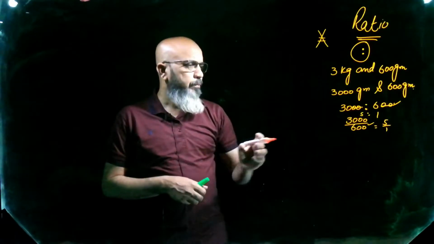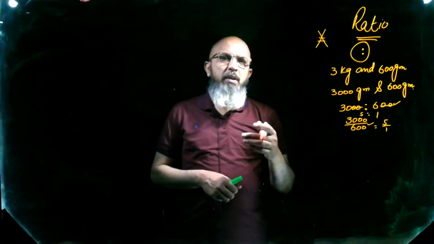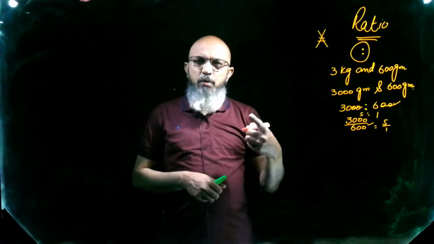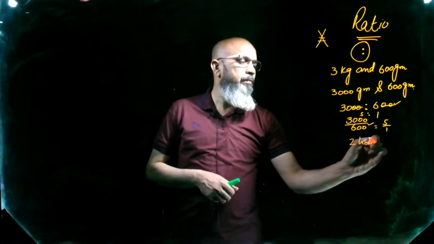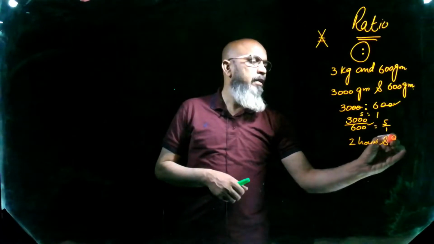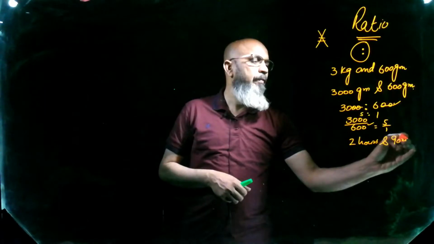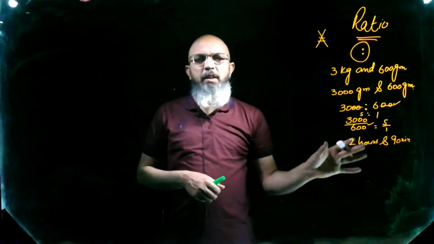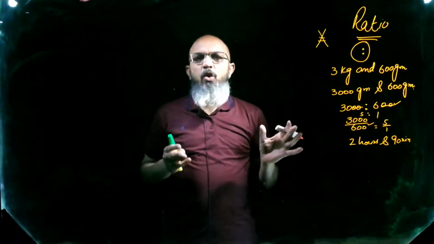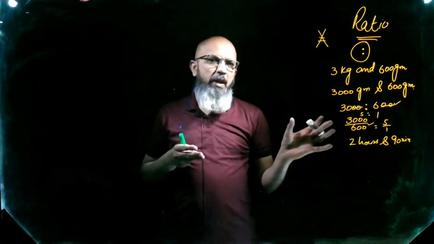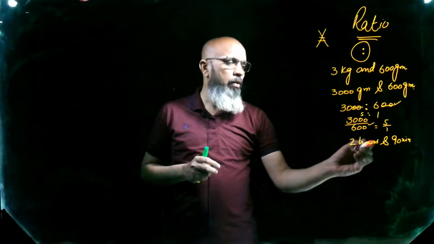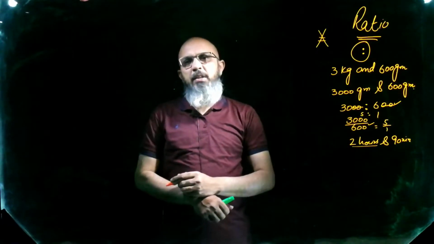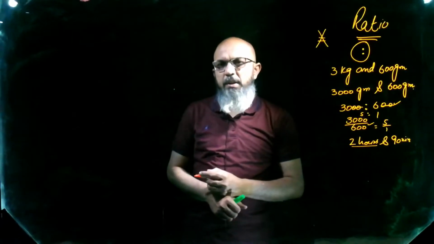Now look at another example. Suppose we have to find the ratio between 2 hours and 90 minutes. Again these are different kinds of terms, so we have to make them the same kind of quantities. How can we change this into minutes? How many minutes in 1 hour? 60.